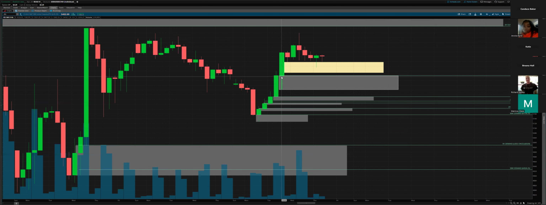Going down to the 6 hour, this was the demand zone that we played yesterday. And in these candles that we see here, again, nothing new has happened. The reason I'm doing it like this, just a reminder for people who just jumped on, is that we already have a level up top and a level below, so I'm just looking to see if there's anything else in between that we can trade.